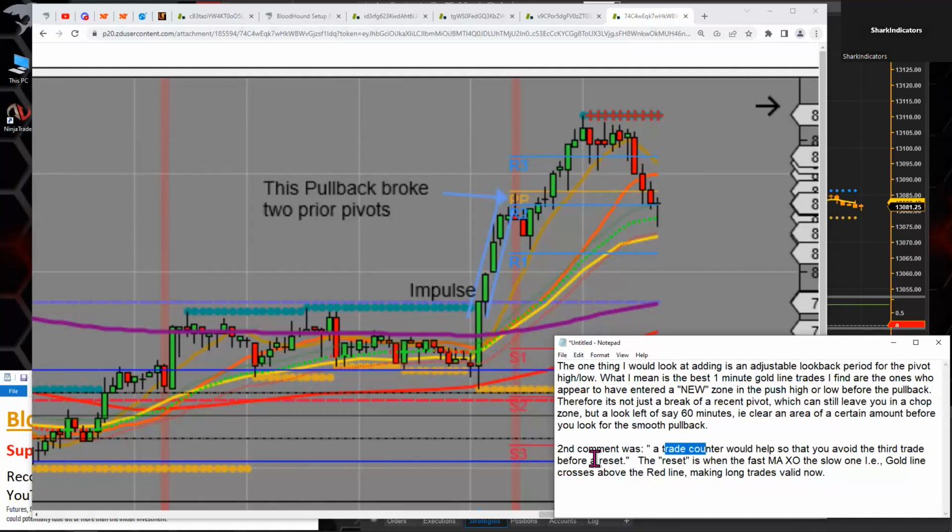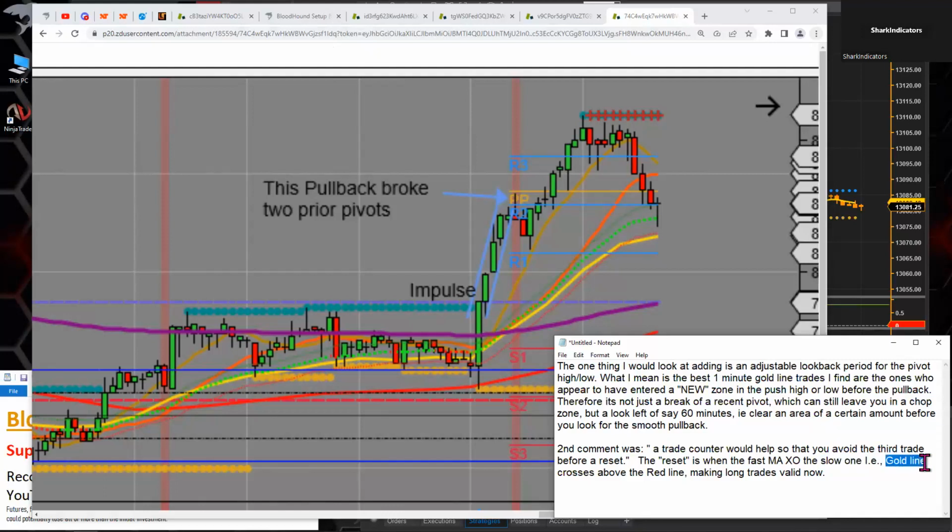I kind of clipped out the important part, but they want to limit trades to only 3 trades, and then wait for a reset requirement, which is when the fast moving average, the 9 EMA, crosses over the slow one, the red line, which is the 21 SMA, right?